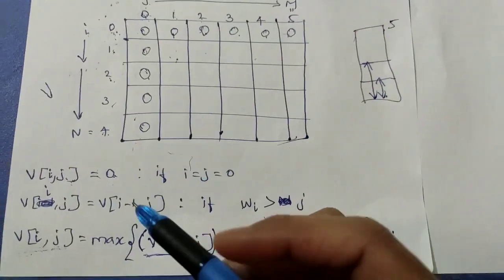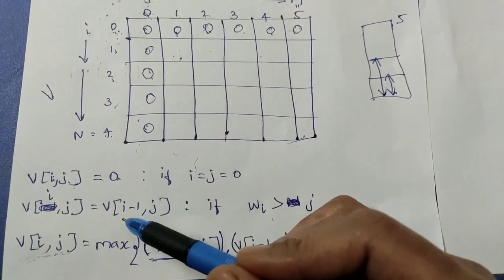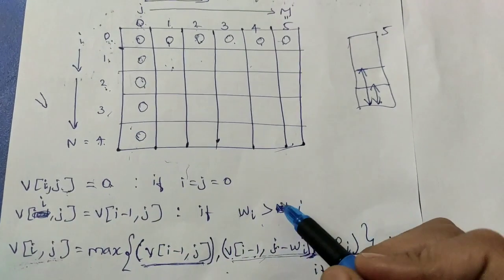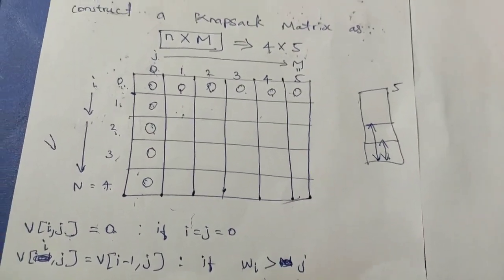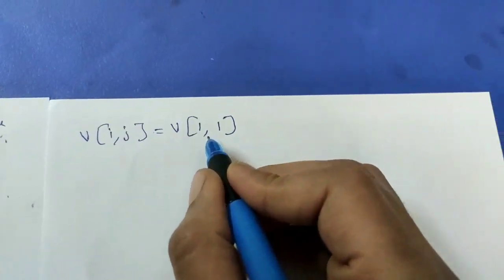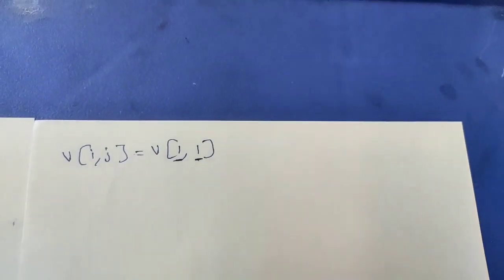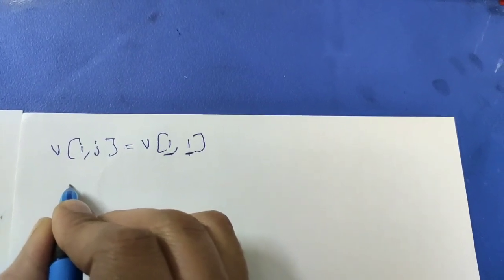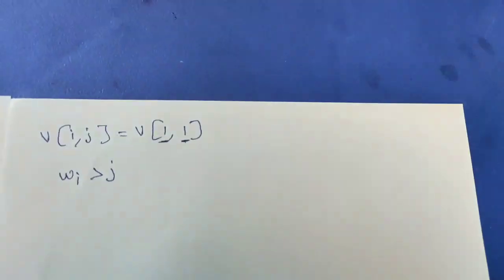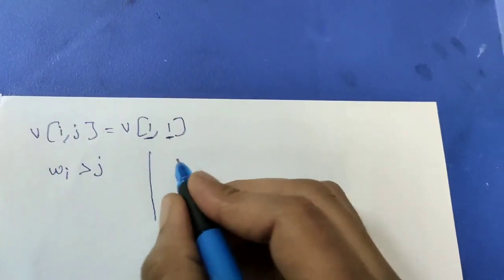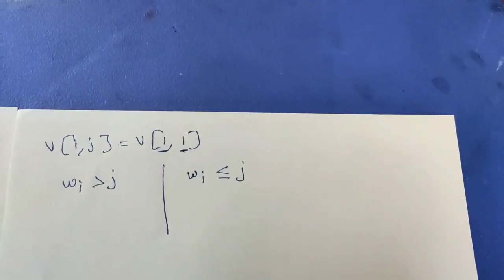Now you have to select out of these two formulas which has to be used based on these two conditions. Now we will see what is the item, that is i value is 1, j value is 1. The condition to check is, first, whether weight of the item is greater than the current knapsack capacity j, or weight of the item is less than or equal to the current knapsack capacity j.